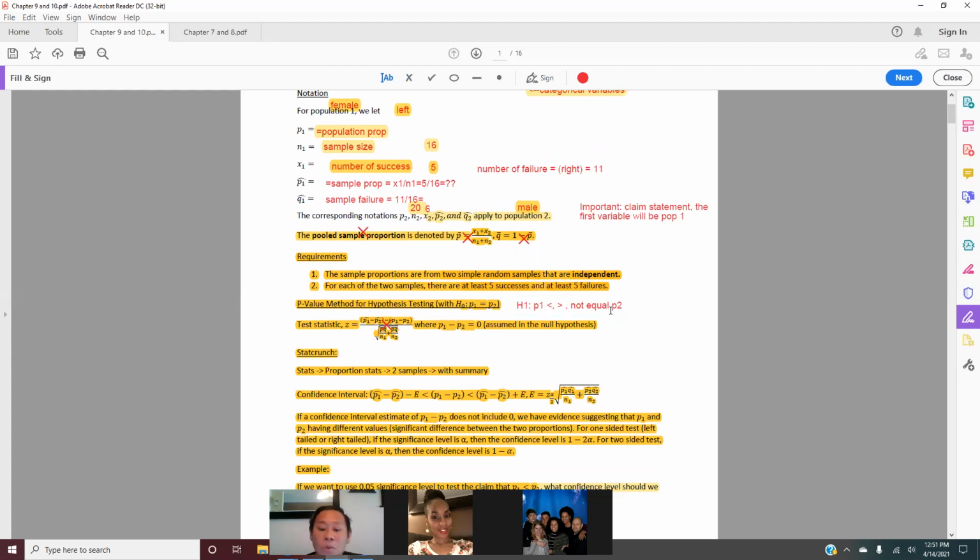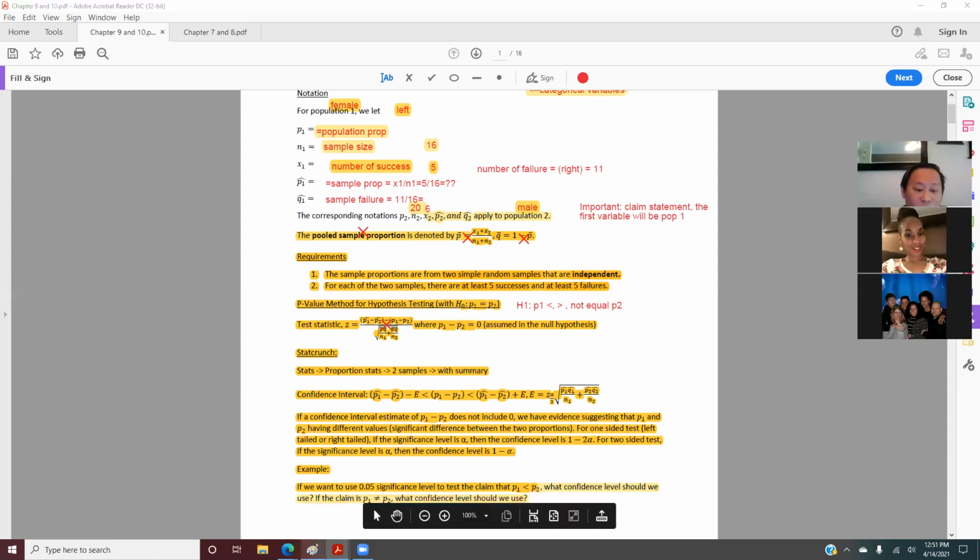This is usually in your claim statement. But don't forget, H0 is P1 equals P2, and H1 is either less than, greater than, or not equal to P2. And if you subtract the P2 over, this is a little bit of algebra here.